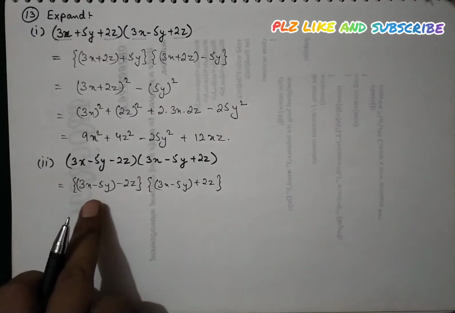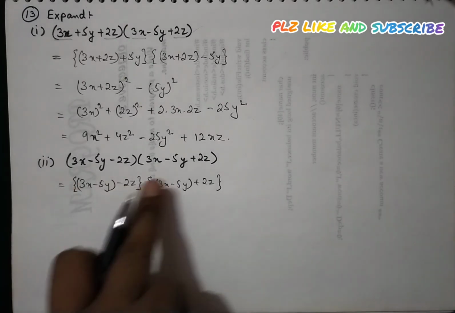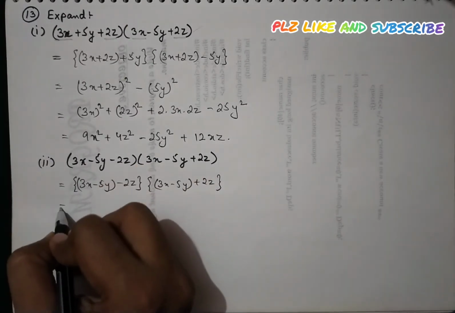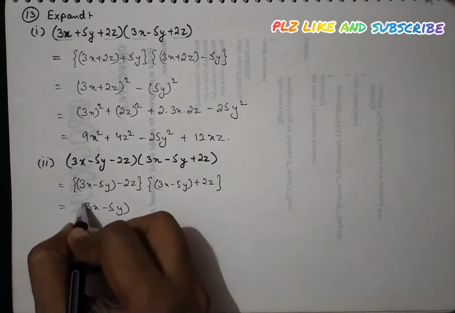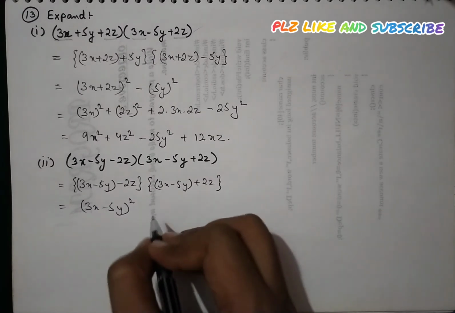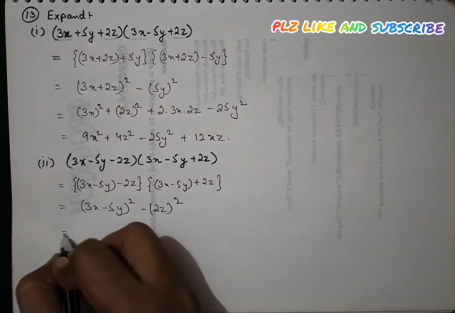In place of a we are having this bracket, and in place of b we are having this, so a minus b and a plus b, and it can be done as 3x minus 5y to the whole square minus 2z to the whole square.